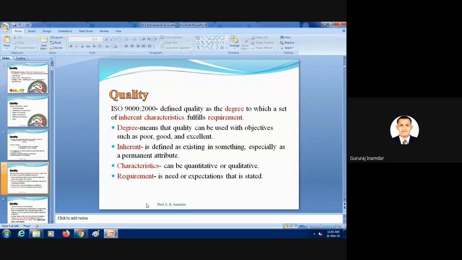Inherent is defined as existing in something, especially as a permanent attribute. So inherent is nothing but whatever quality we have given. It is fixed. So that is nothing but the original. Inherent is defined as existing in something, originality, or the truthfulness of your product or service, especially as a permanent attribute.